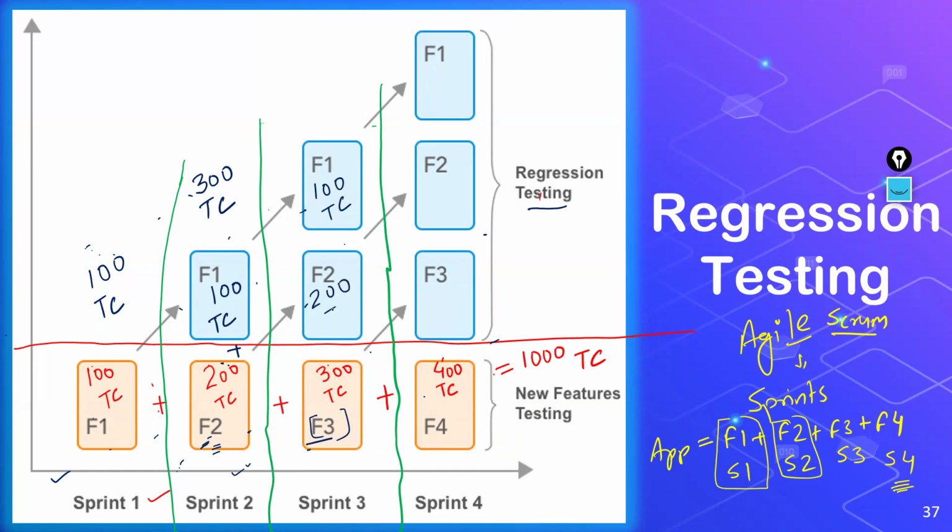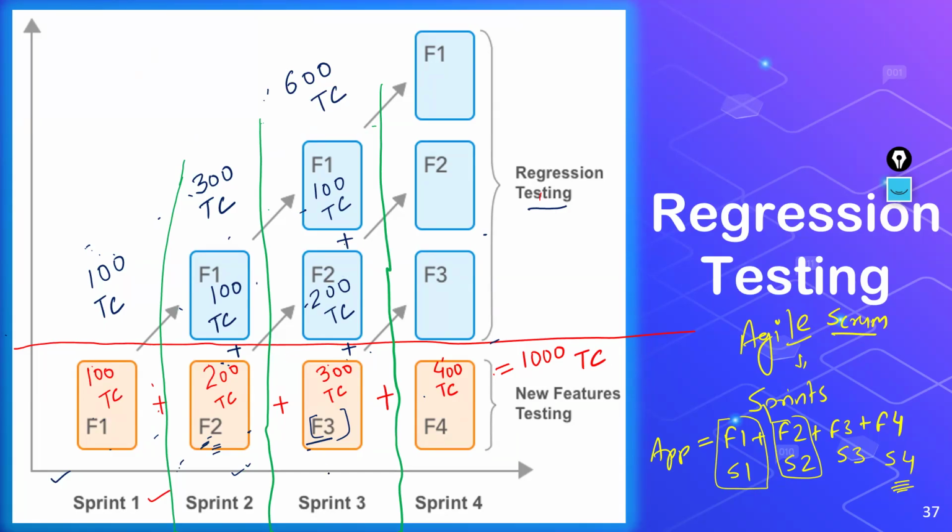For F2, we'll again execute 200 test cases. And that is how we'll go with this. So the total effort in sprint number 3 will be 600 test cases.